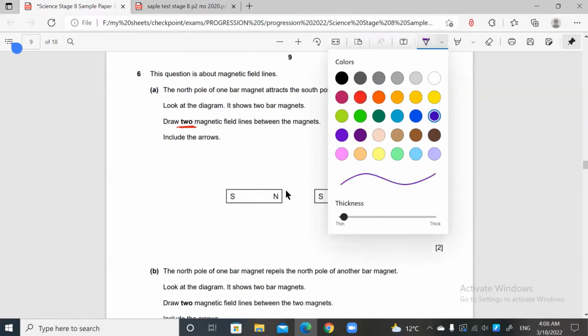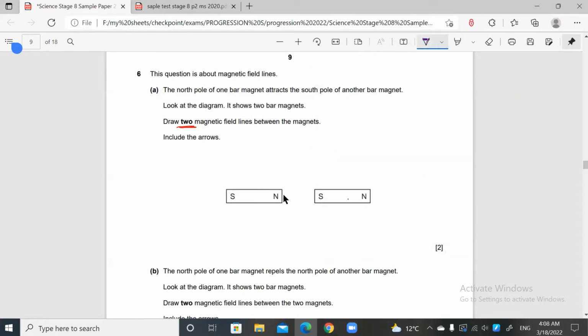Just like this, you must connect them, because this is attraction between the north and south pole. As the question asks, draw two lines only, and don't forget to draw the arrows. The magnetic field lines always point from the north pole to the south pole.